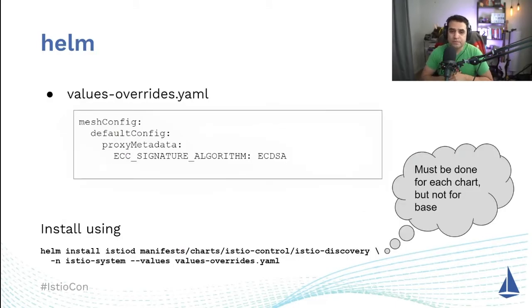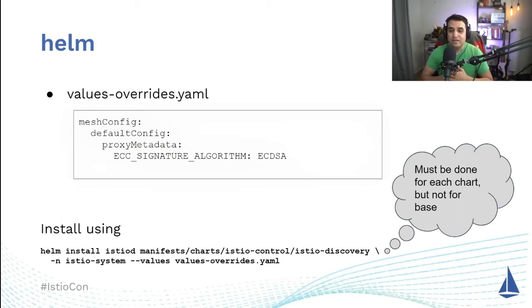For Helm, things are a bit different. It is standard operating procedure using Helm that you do not modify the existing chart, but you create a value overrides file. And in this value overrides file, you will again add the mesh config, default config, proxy metadata, and the key value pair of ECC signature algorithm, ECDSA, to it.